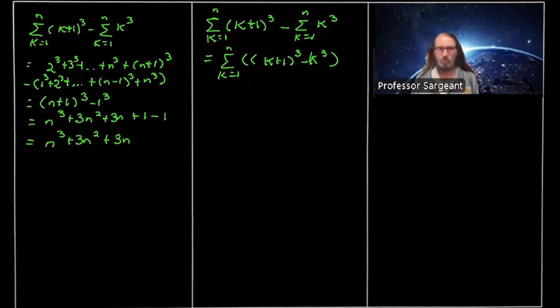And then we will multiply out the quantity k plus 1 cubed and combine like terms by subtracting a k cubed.